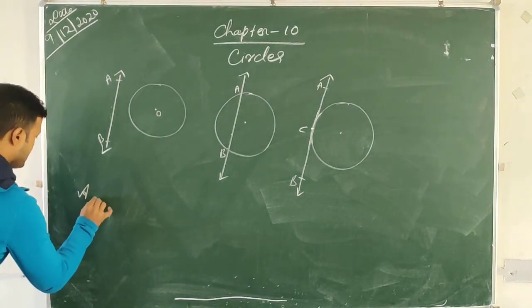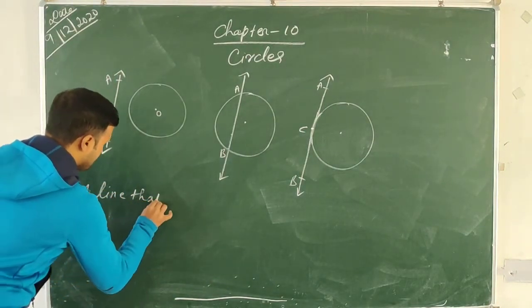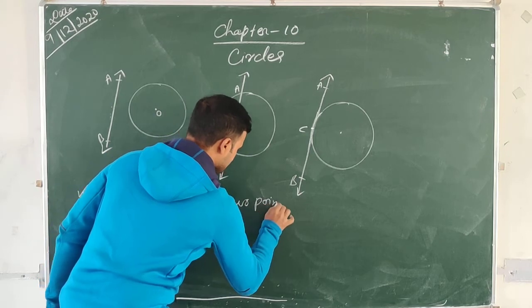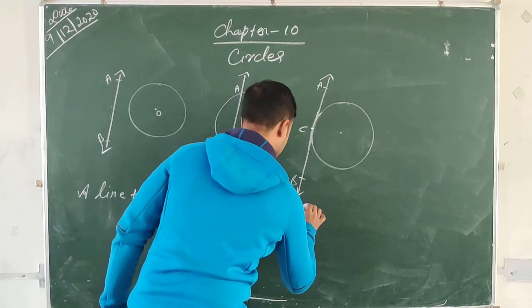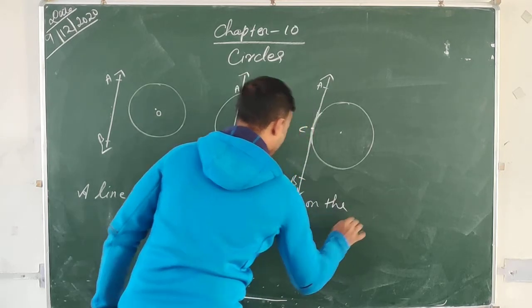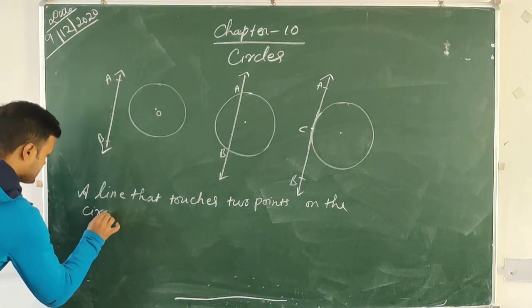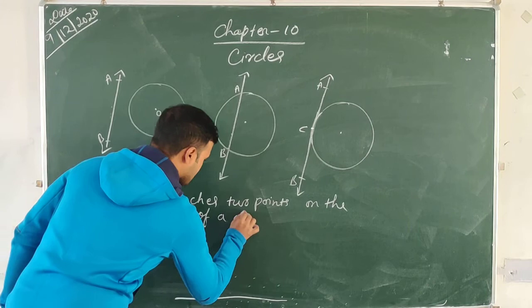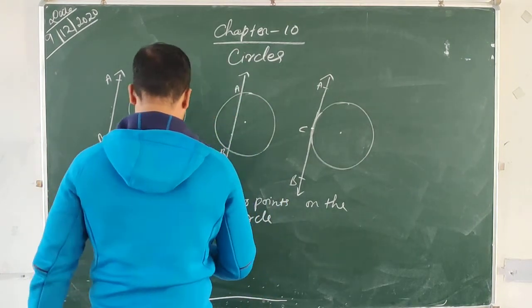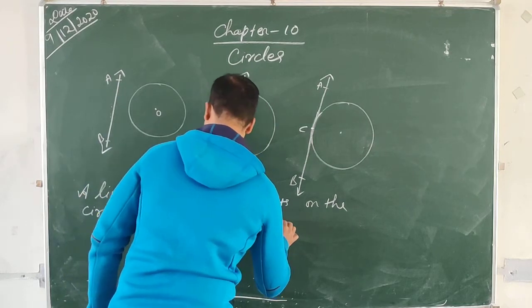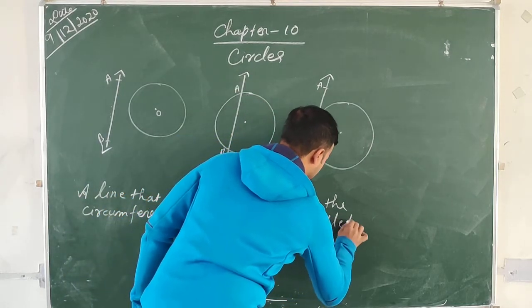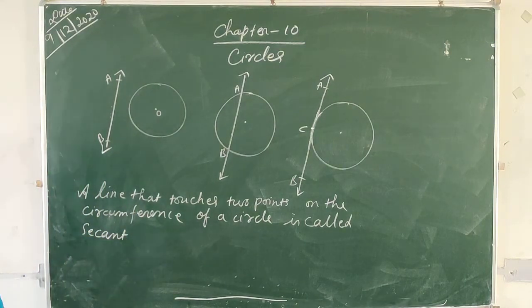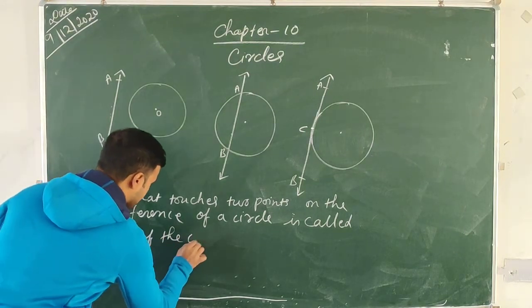So this is called a secant of the circle. A line that touches 2 points on the circumference of a circle is called a secant of the circle.